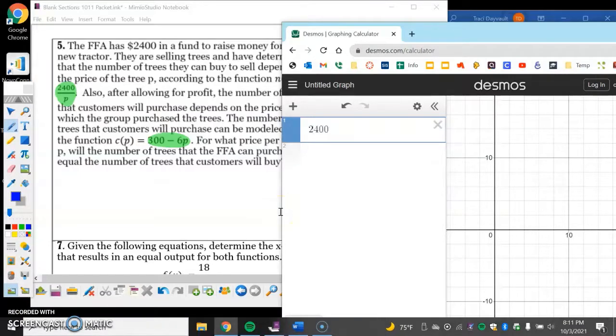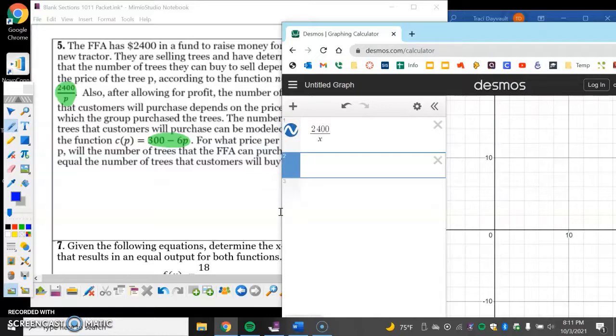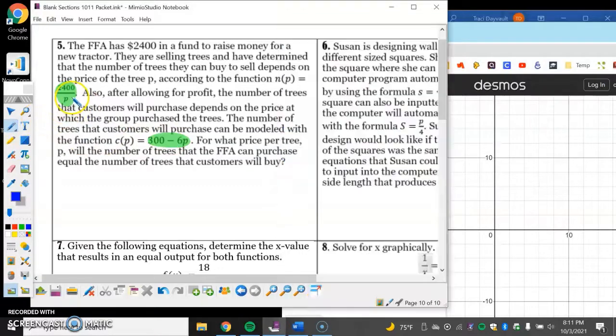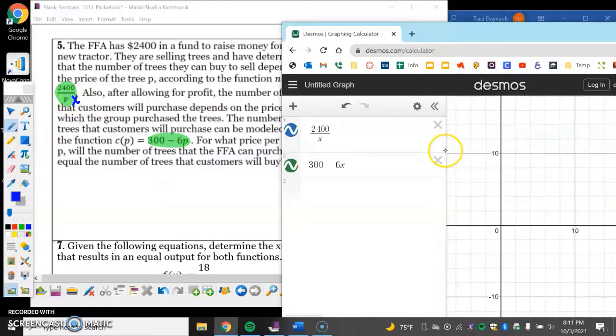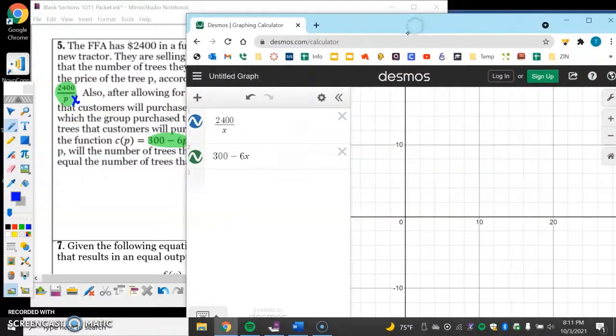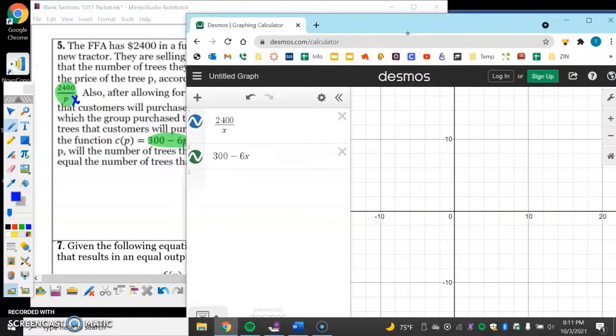Or I can use Desmos. Now, you can't use letters other than X and Y in Desmos. And this one is 300 minus 6x. So I'm replacing P with X. Make sure we keep that in mind. I don't see anything on here, so I'm going to click with 2 fingers and zoom out.